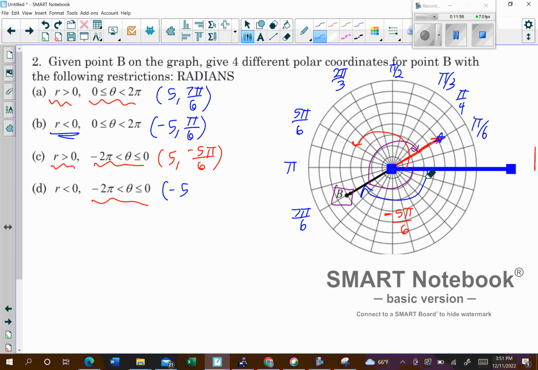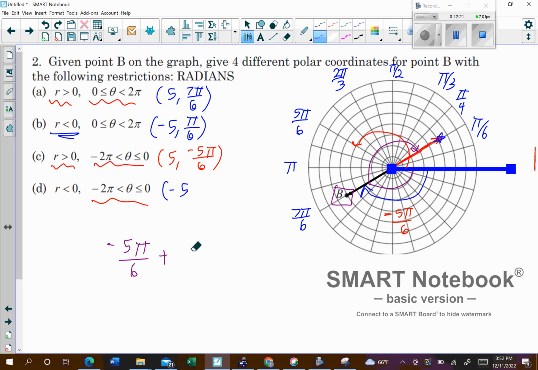So basically, I need to rotate in the negative direction an extra pi. And I did this on the previous slide, and we can do it here also. So I have negative 5 pi over 6. That'll get me to this point right here. But the problem is the radius is negative, so I would go out the opposite direction. So I need to rotate another half rotation, or a pi.